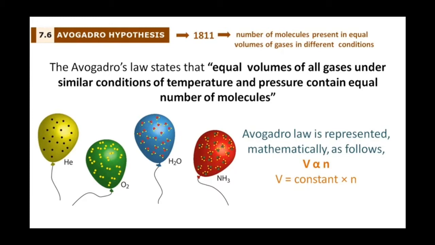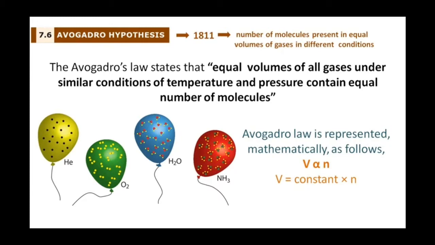What is directly proportional? When one quantity increases, another quantity also will increase. And here, when the number of molecules increases, the volume also will increase. To remove this proportionality, we will usually add a constant.